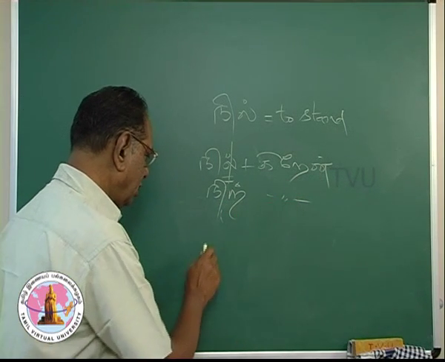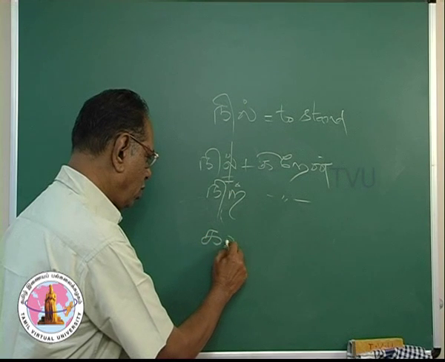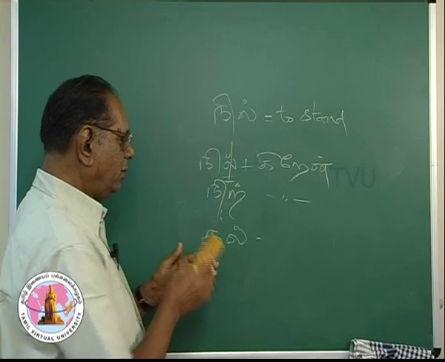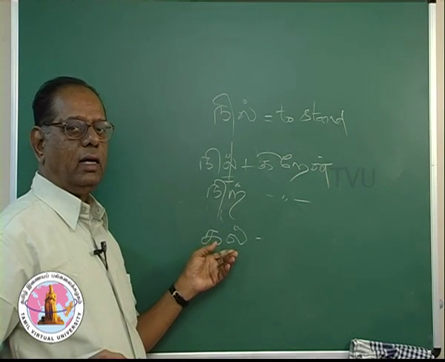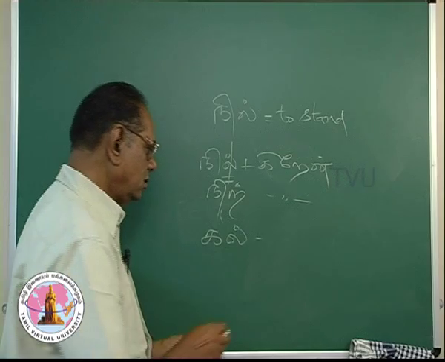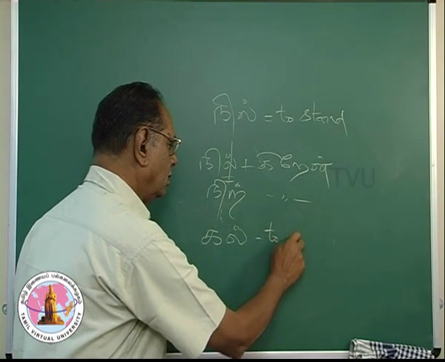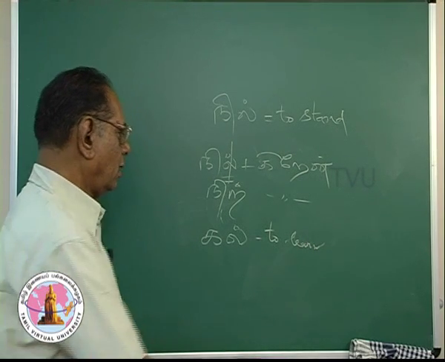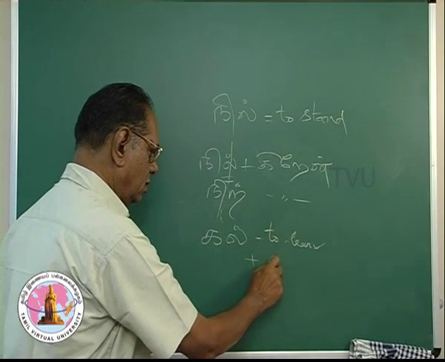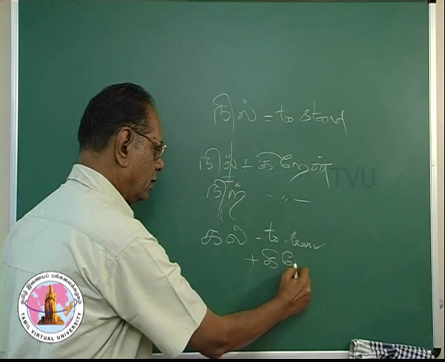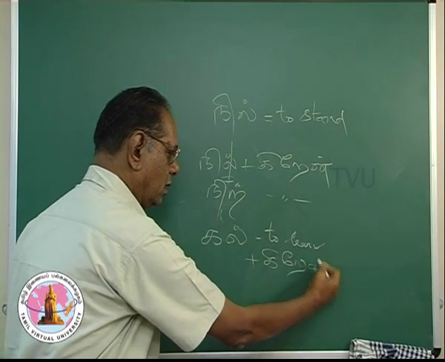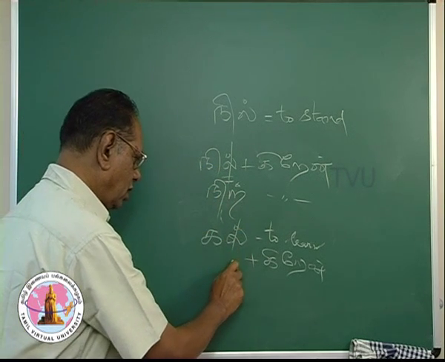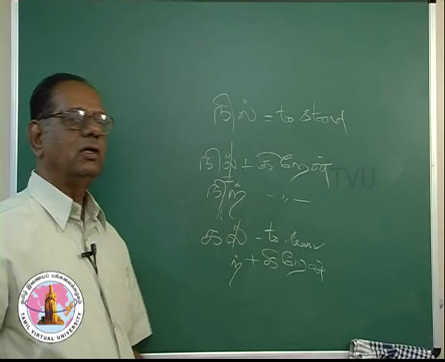So also another verb, an important verb. Do you remember the meaning of this? Kal. Kal is to learn or to study. This comes under this category, so naturally this becomes ra.